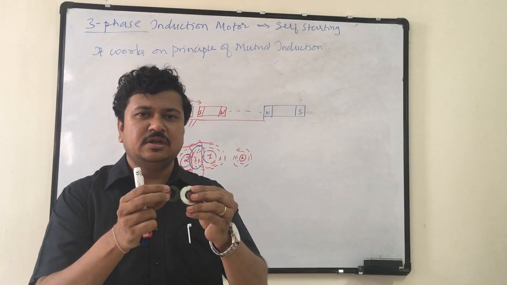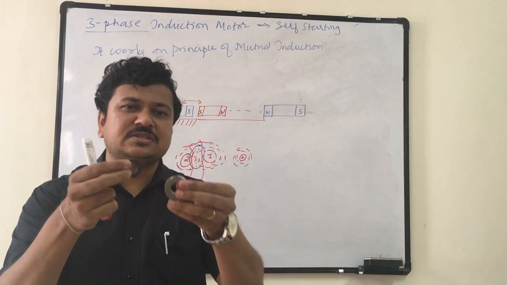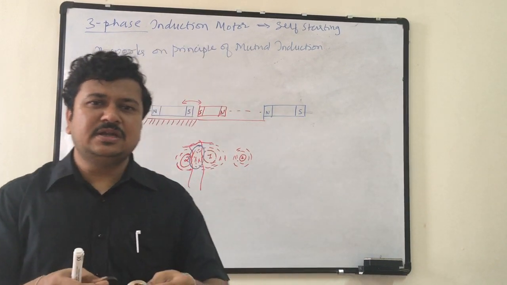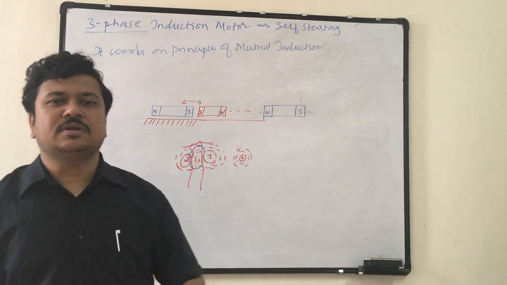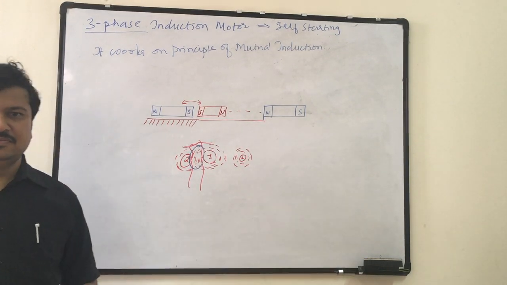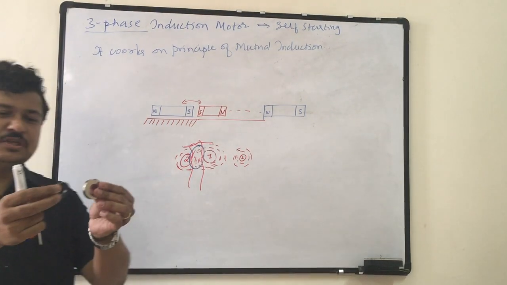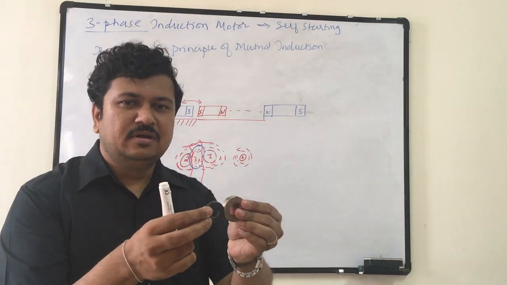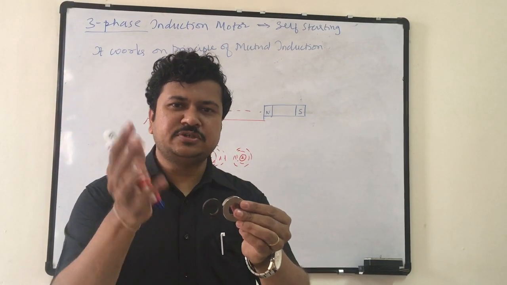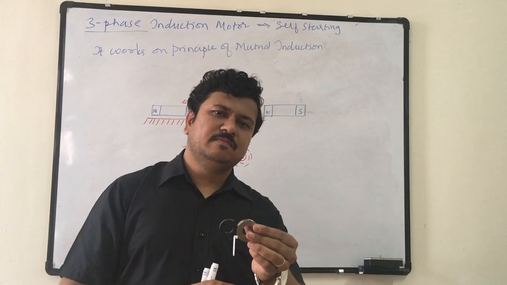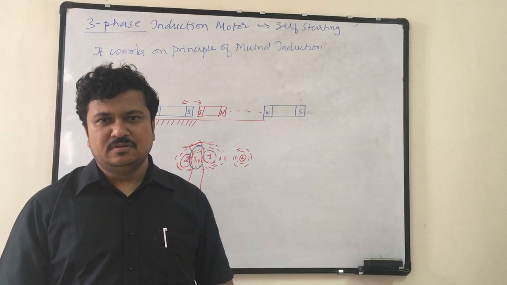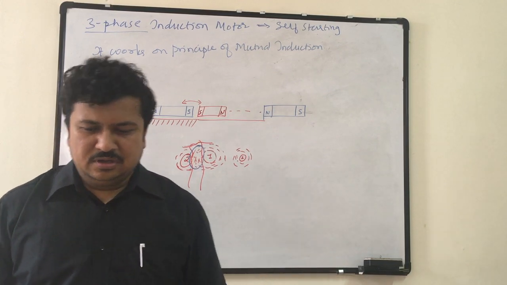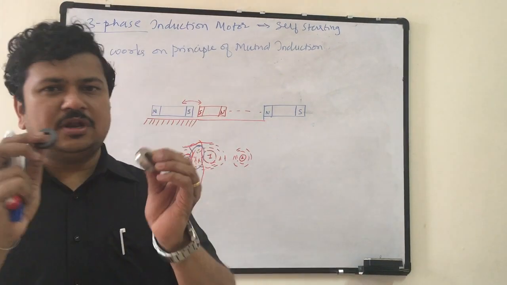After the interaction, a resultant flux is created, and that resultant flux has got the capacity to do the work. So the resultant flux of these two magnets is either pulling or pushing the other magnet. The force is created by the resultant flux. Okay, so this is what happens with natural magnets.